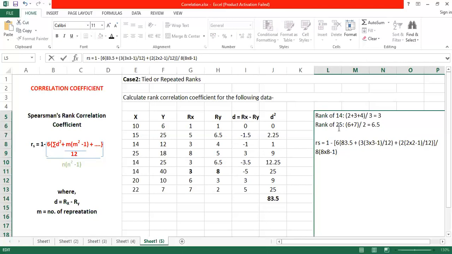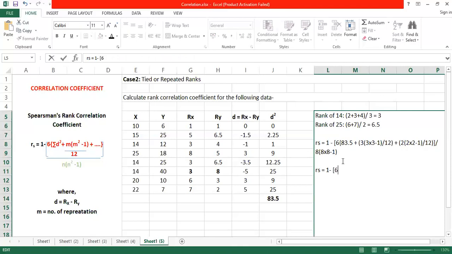Plus, since one more number 25 is repeating, we have to have a factor for 25 as well. Now 25 has repeated twice. Right? So the value of M is 2 for 25. And we have added the factor. Finally, we divided by n square minus 1. Right? So it is 1 minus.